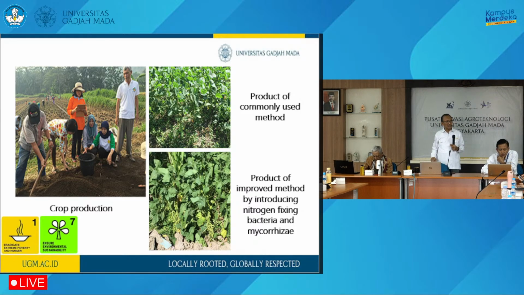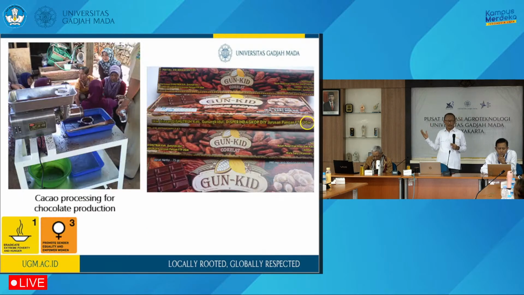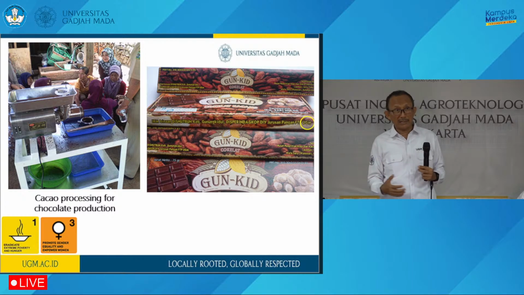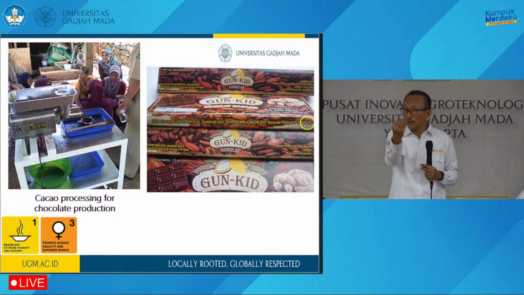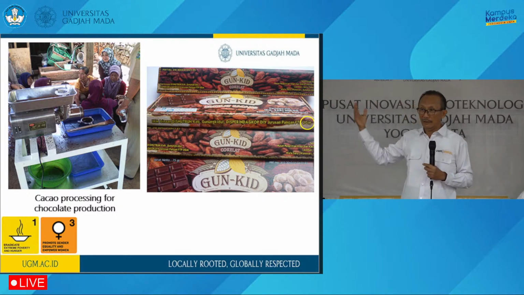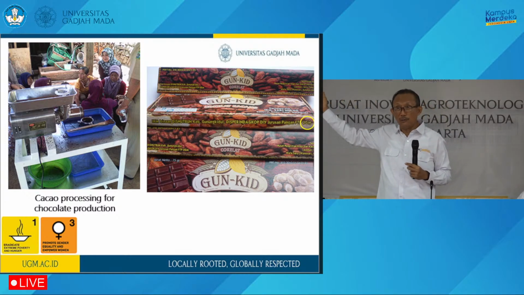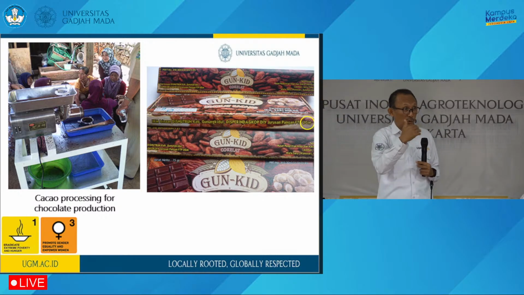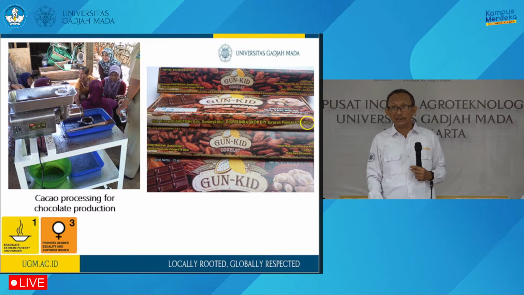It improves production, almost doubling it. And from food technology and engineering, we teach the people how to process cacao, starting from bean into cacao bar. And now it is produced by the people. Who teaches them? The students teach them, coming to the village.